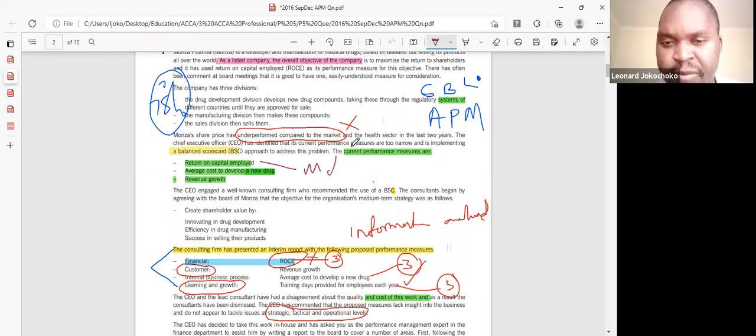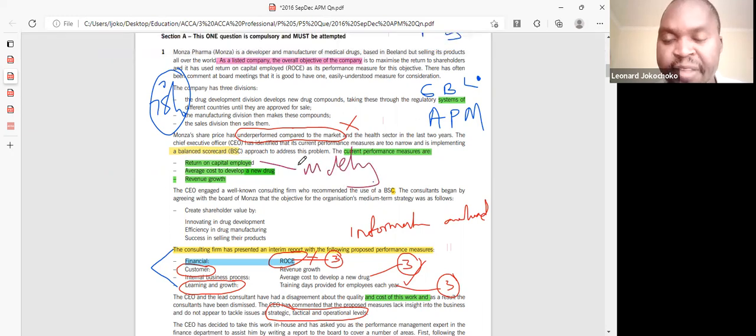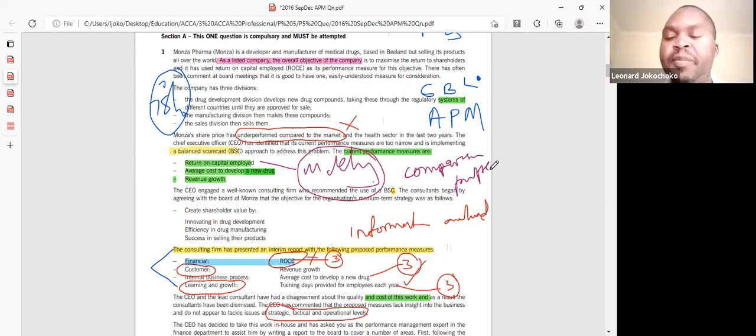So it does not directly measure, but it's a widely used technique, and therefore it is important for comparison purposes. So I criticize the return on capital employed, however, I'm acknowledging that it is a good performance measure because it can be used. So it is needed, but not as a primary measure. You must use it, but you must have other primary measures.